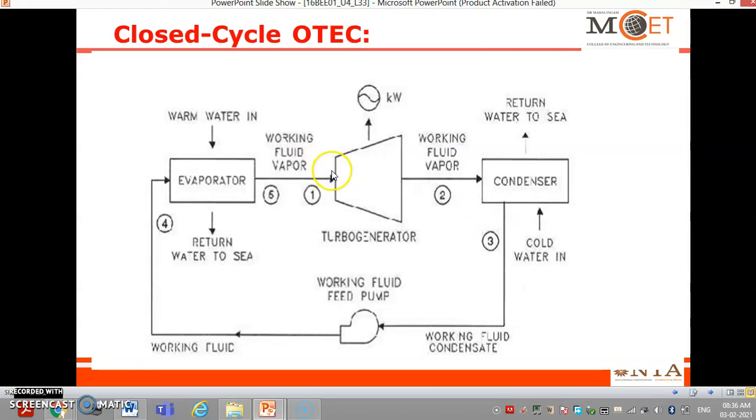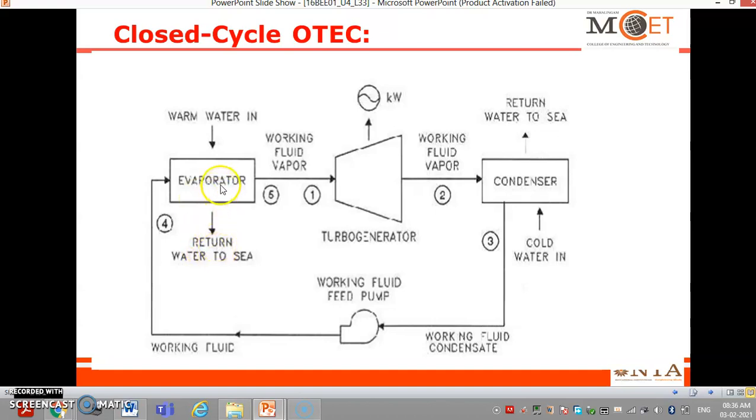The working fluid vapor has been fed into the turbo generator. The output of the turbo generator, that is working fluid vapor, again has been given to the condenser. Then from the condenser the working fluid is concentrated to the draft tube. Then the working fluid again has been fed into the evaporator.